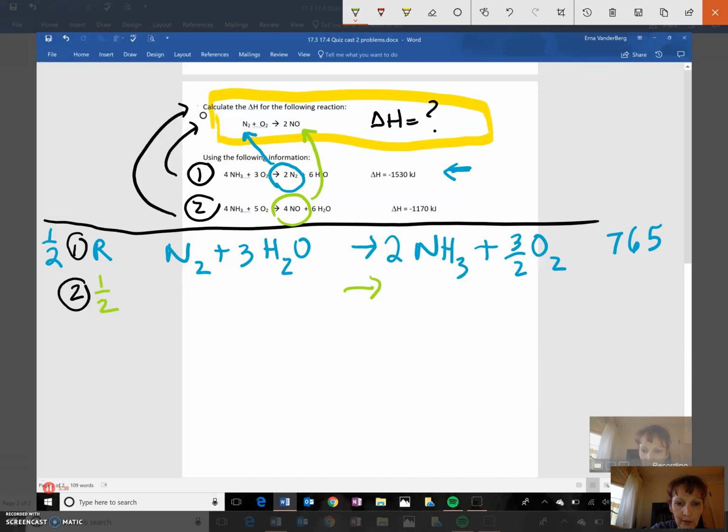So let's do that now. 4NH3 and 5 O2s yields 4 NOs and 6 H2Os.